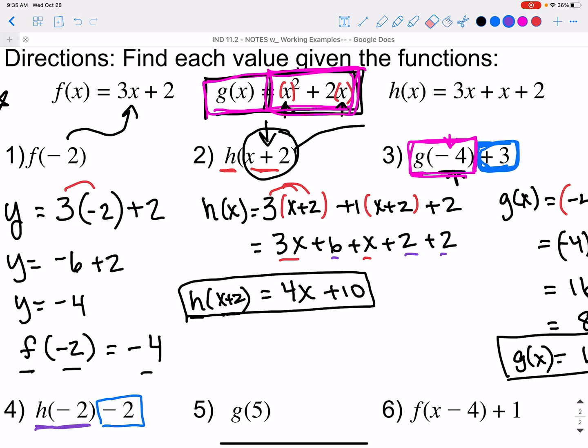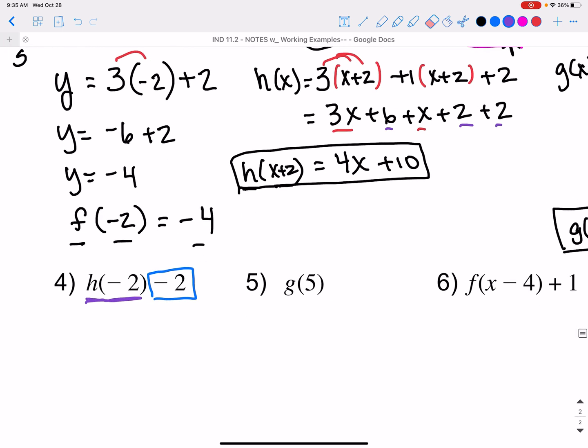So I'm going to rewrite this just so I have it close by. My h function is 3x plus x plus 2, right? That's the function part.